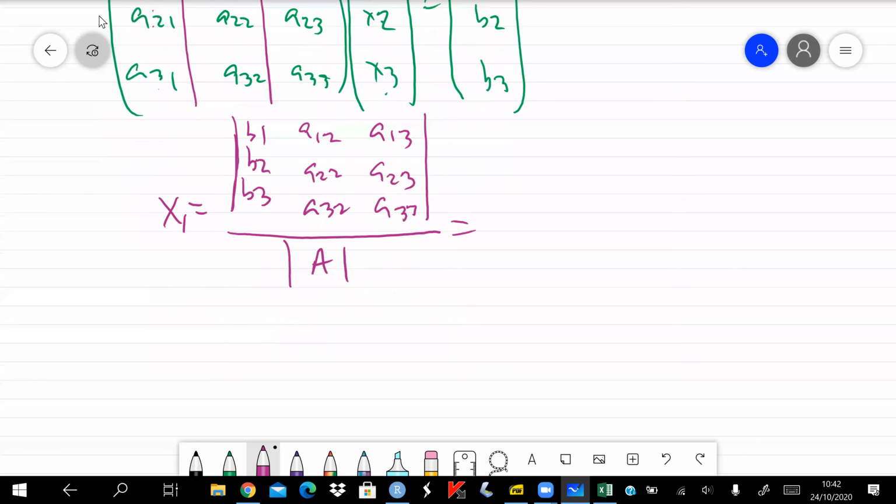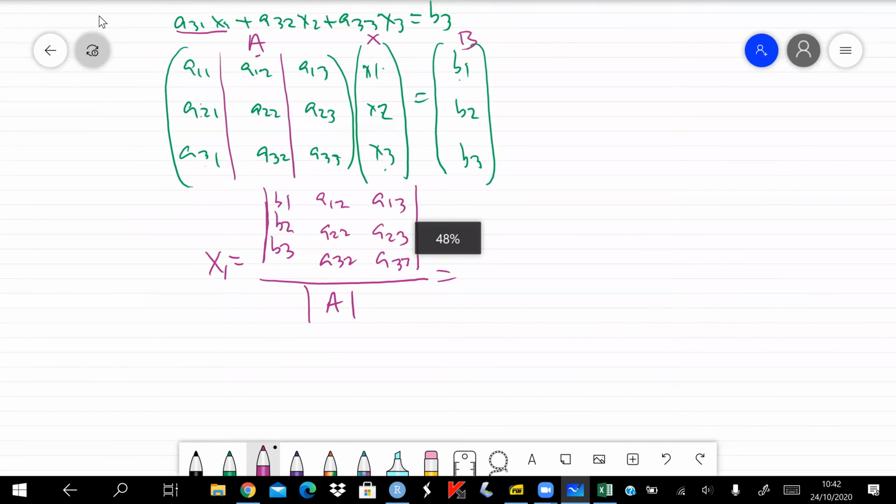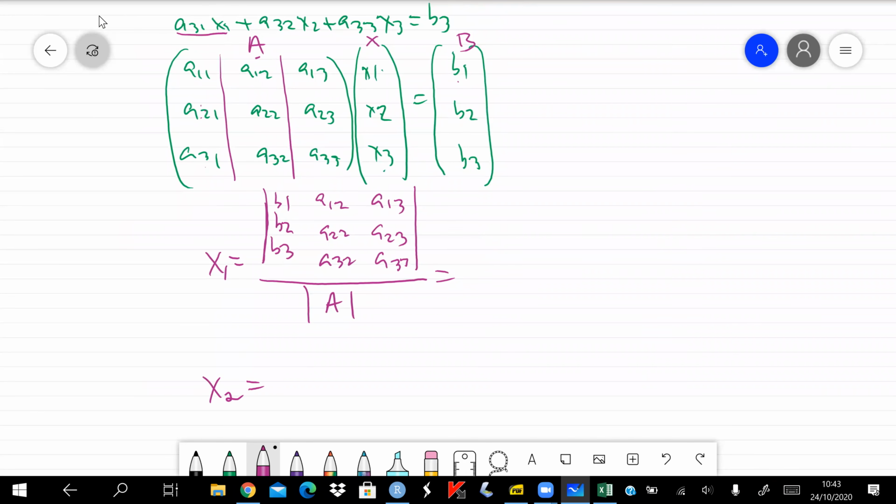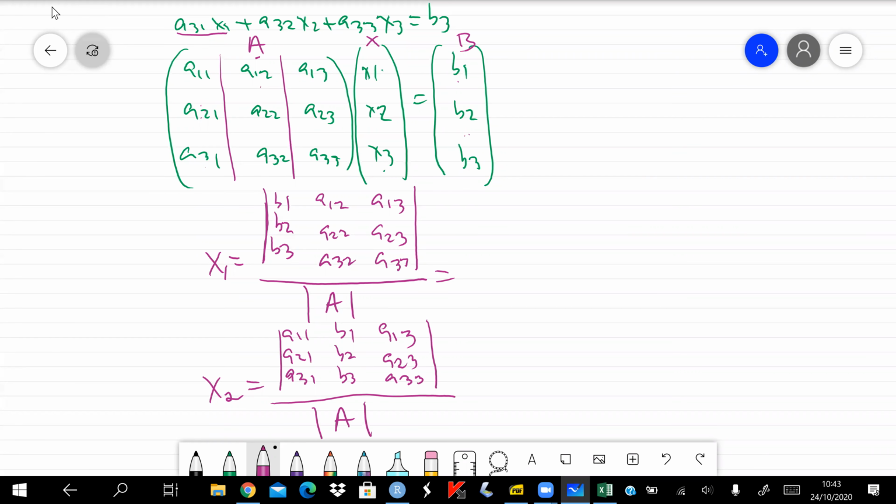Then the value of x2 will be obtained in a similar manner. You replace column 2 of matrix A with matrix B. So column 1 remains a11, a21, a31, then b1, b2, b3, then a13, a23, and a33. Then you divide by the determinant of matrix A. Then x3 will be obtained in a similar manner.